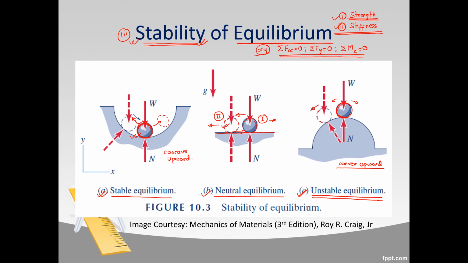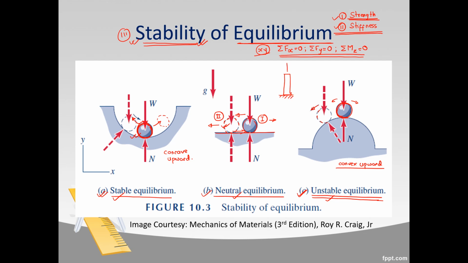So in fact, our equilibrium, as we have seen now, may either be stable, unstable, or neutral. So how do we relate this to the analysis of our columns here? Before going to that, as you know, our columns are moment resisting structural parts.